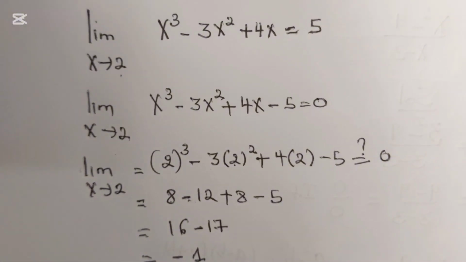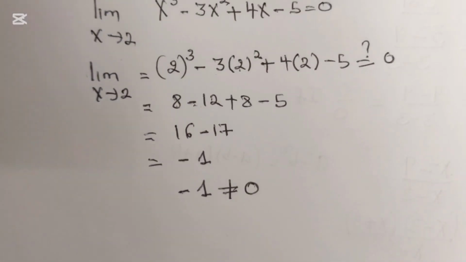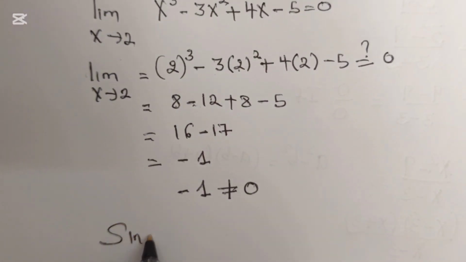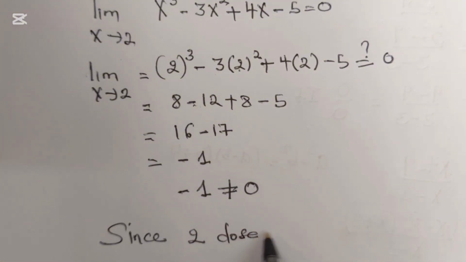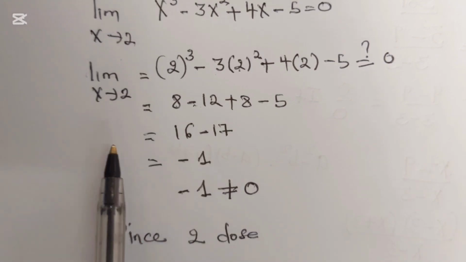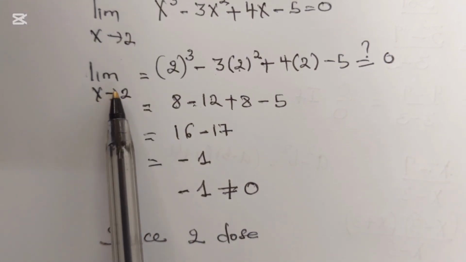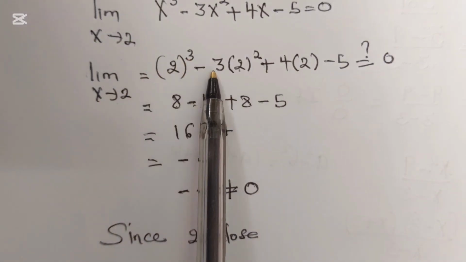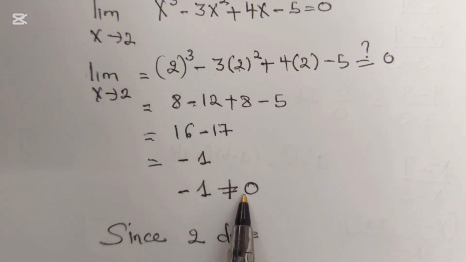This means that negative 1 does not equal 0, since the 2 we replaced in the formula we have here is not equal to the solution.